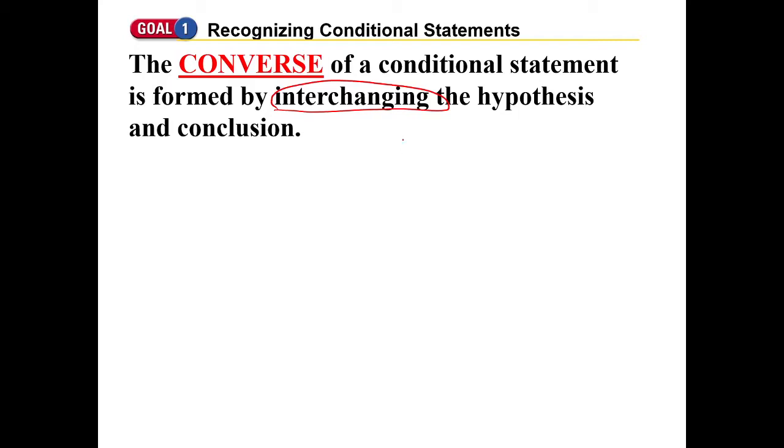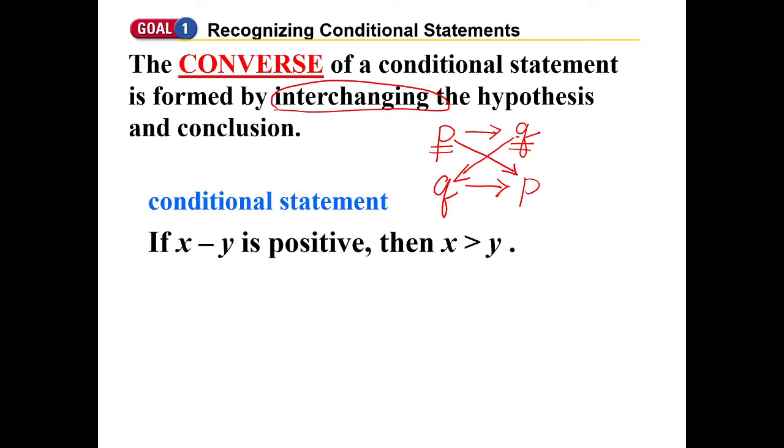If this is our P implies Q, this is our hypothesis, and this is our conclusion. What will happen here is this becomes Q implies P. So the hypothesis becomes the conclusion and the conclusion becomes the hypothesis. So take note of the key word for a converse: interchange.